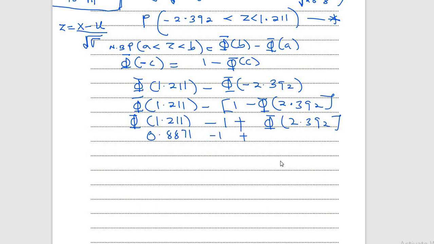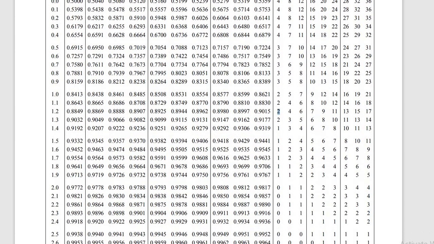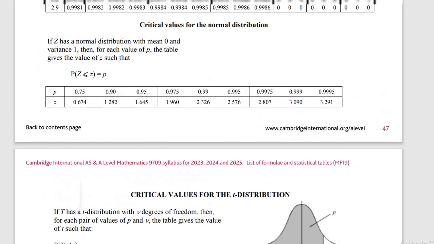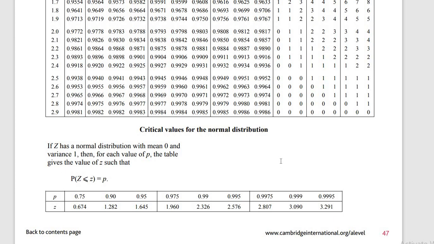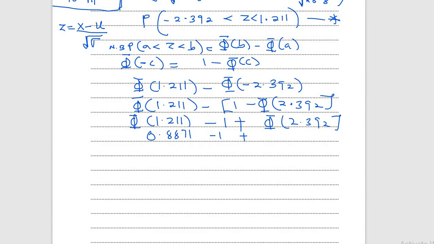This one, 2.3 under 9, add 2. Let's go to 2.3. This 2.3 under 9, this 2.329. Let me check it. I need to be sure of the last one. 2.3292.